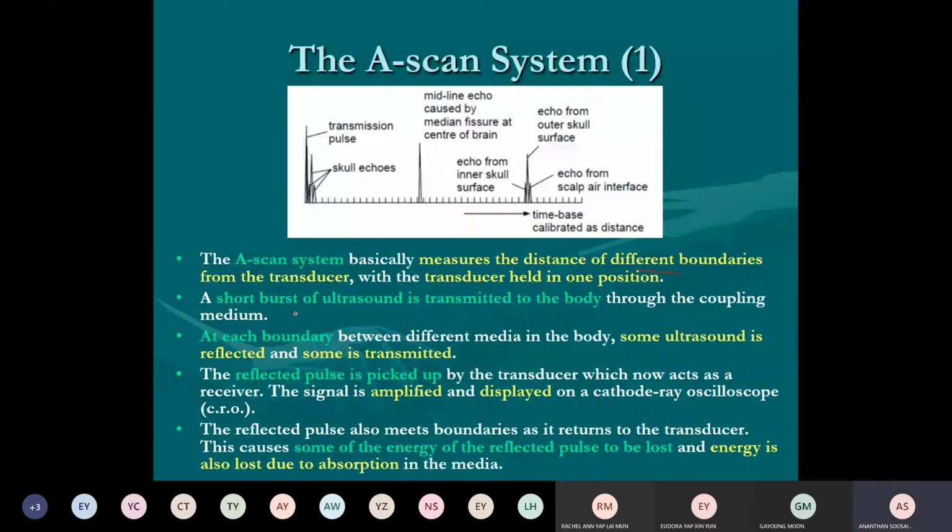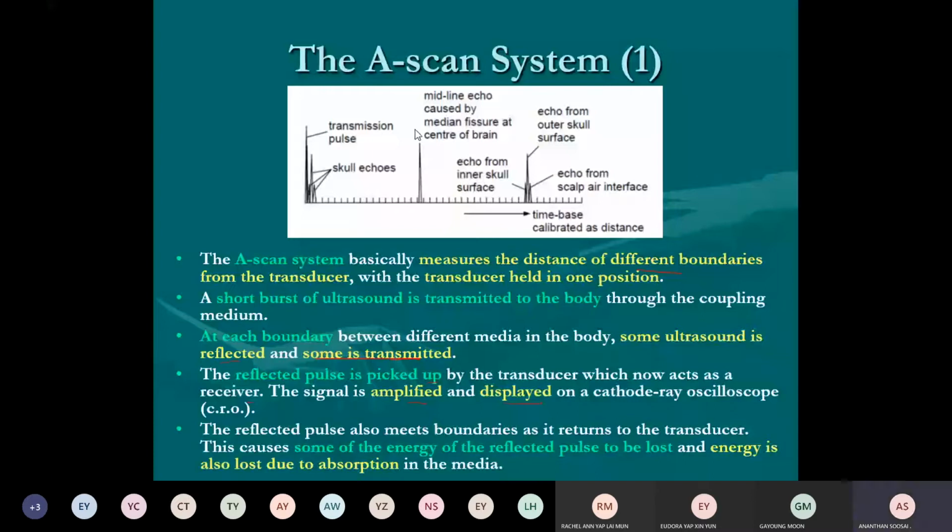A short burst of ultrasound is transmitted into the body. At each boundary, some ultrasound is reflected, some transmitted, as I told you earlier. Reflected paths are picked up by the transducer, which now acts as a receiver, and the signal is amplified and displayed. The reflected path also meets a boundary as it returns to the transducer. Okay. So this A scan, you just tell the depth, it is 1D, and you only tell about the depth of every boundary.